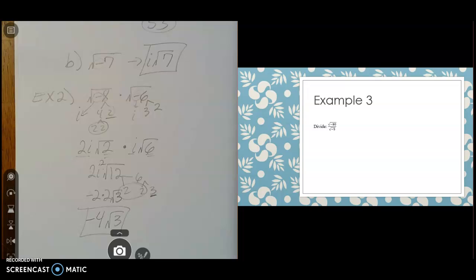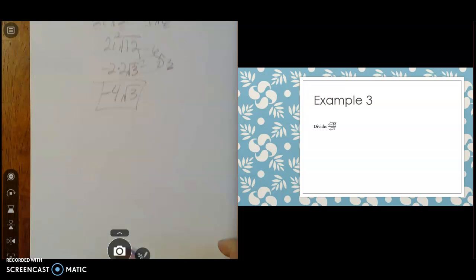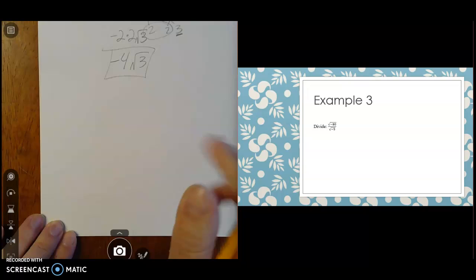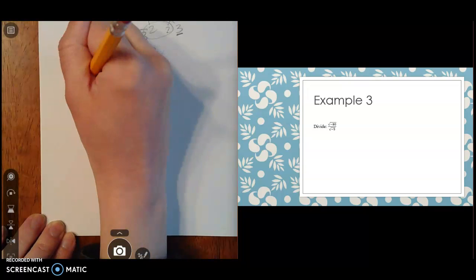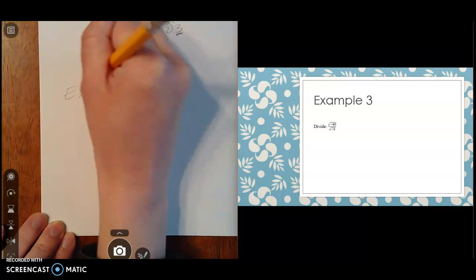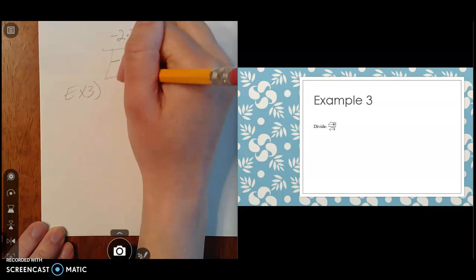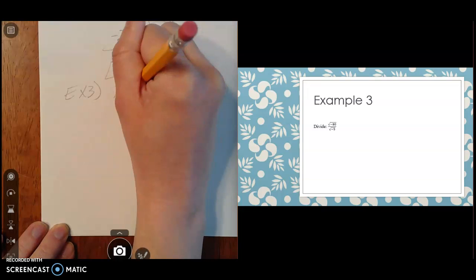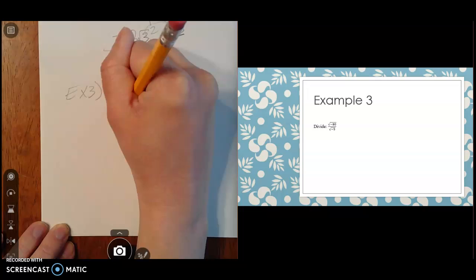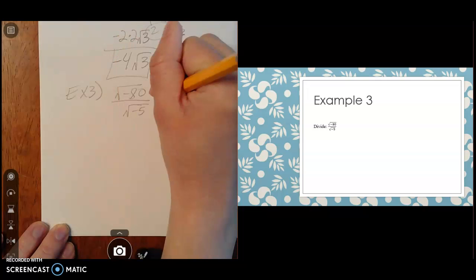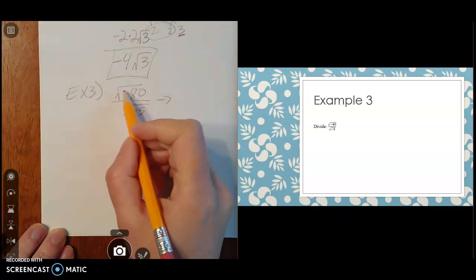All right, what if we're dividing? What do you think we should do? Kind of similar to multiplication. We should probably simplify first and then see what we can divide, okay? So I've got the square root of -80 over the square root of -5. All right, so first thing I'm going to do is take out my i's, okay?